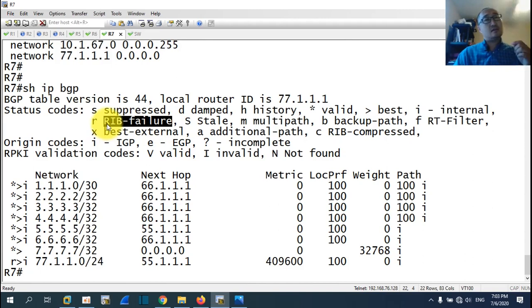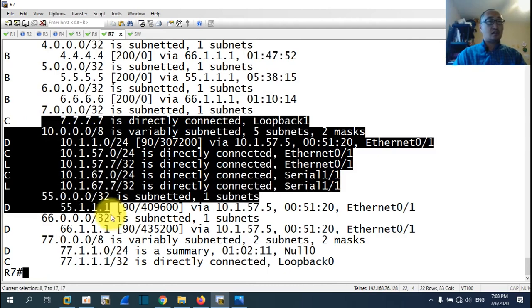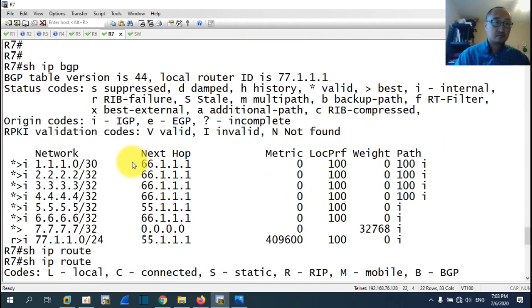I think that's a route information base. Basically, when you type in show IP route, those stuff is RIP. But over here, that's a BGP, right? So what happened over here?